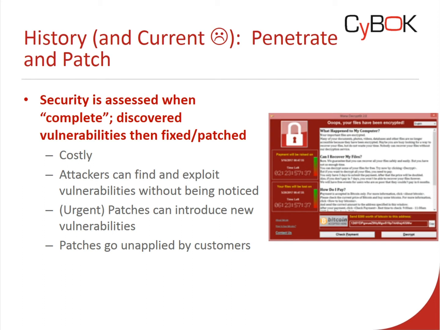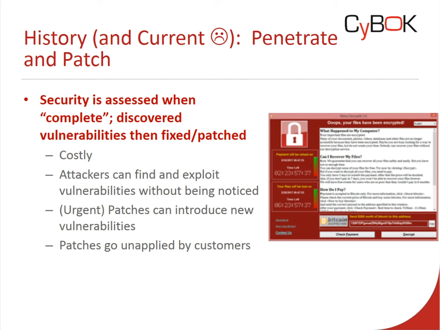An example here over on the right is the WannaCry vulnerability that was detected a couple years ago. It was a ransomware type of situation, and Microsoft had actually fixed the vulnerability that was exploited, but because attackers know that often customers don't install the patch, they used that opening for their advantage for the ransomware attack.